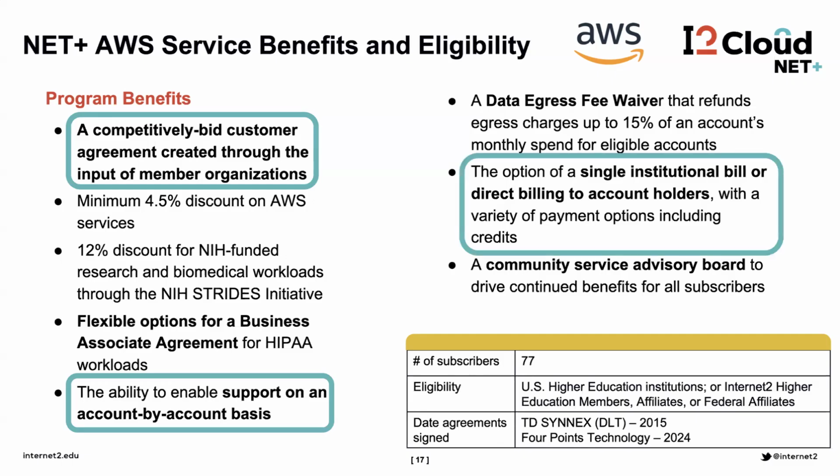You can also, through either of the programs, take advantage of either a single bill for your institution if you want to rebill internally, or direct billing to individual account holders if you don't have that internal rebilling capability. These are just a few of the many benefits of this agreement, and I wanted to highlight those.